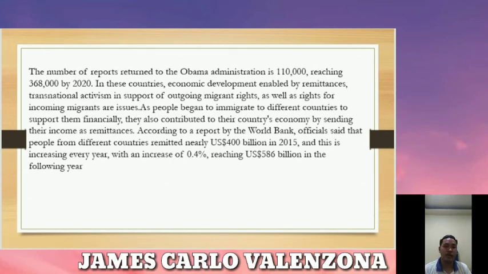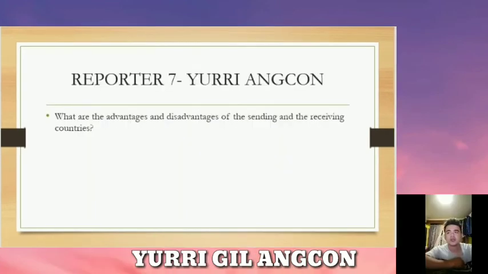According to a report by the World Bank, officials said that people from different countries remitted nearly $400 billion in 2015. And this is increasing every year, with an increase of 0.4%, reaching $586 billion in the following year. So, what are the advantages or disadvantages of sending and receiving countries?